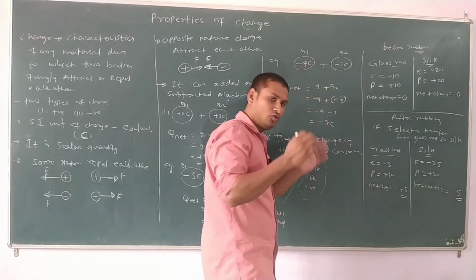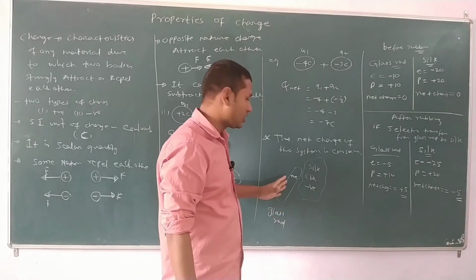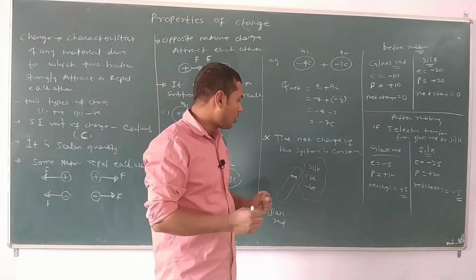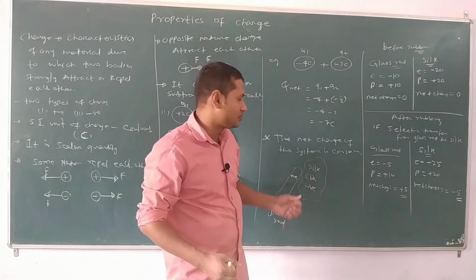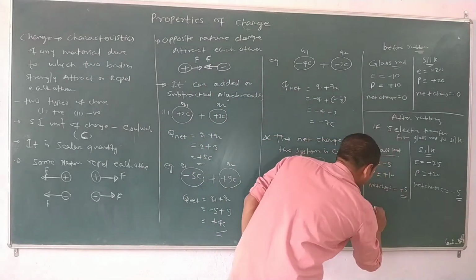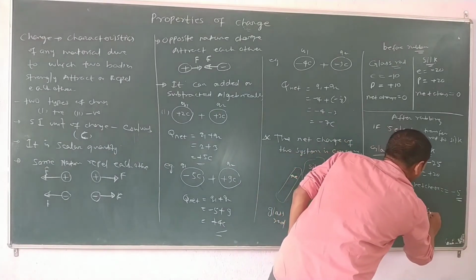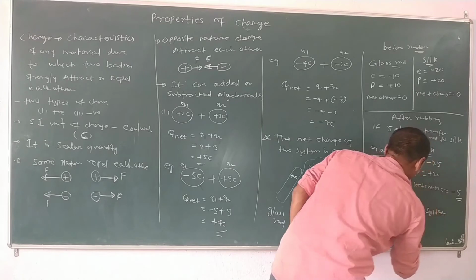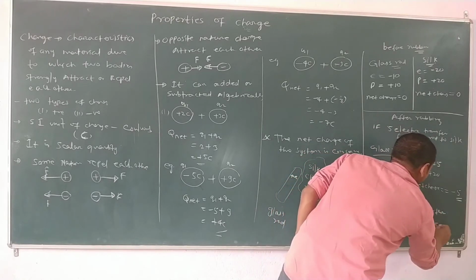Then you can remember that after losing electrons, anything becomes positively charged, or after gaining electrons, it becomes negatively charged. Then here you see the net charge of the system becomes plus 5 and minus 5, again it becomes 0.